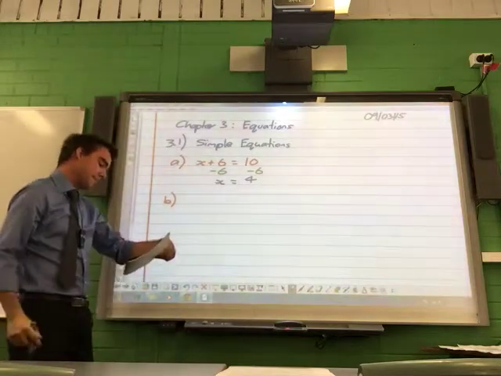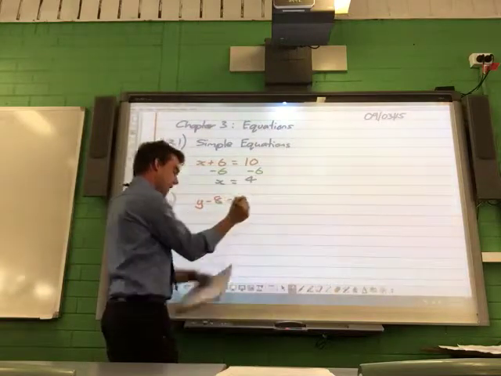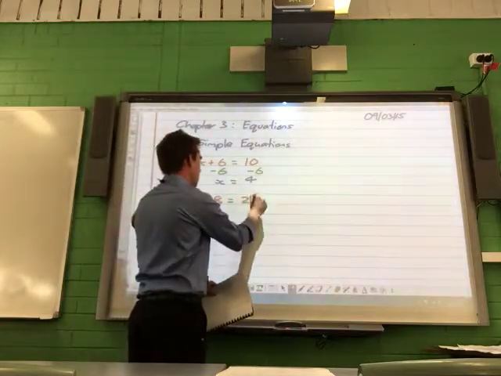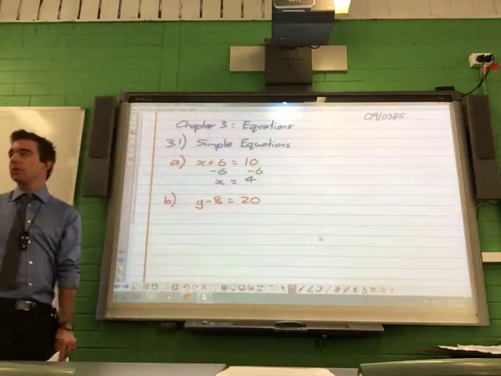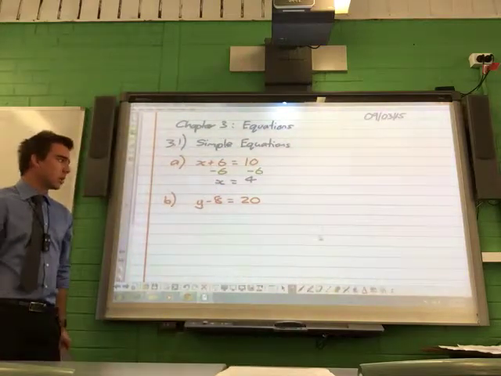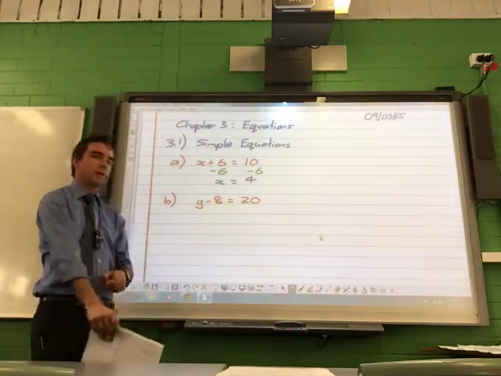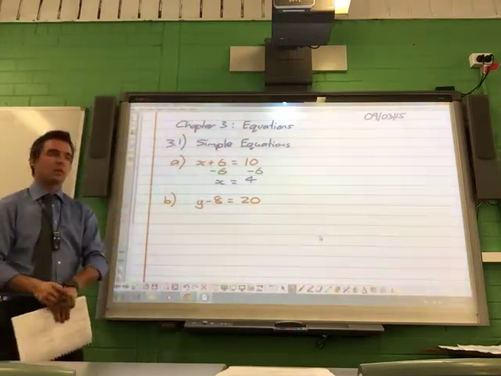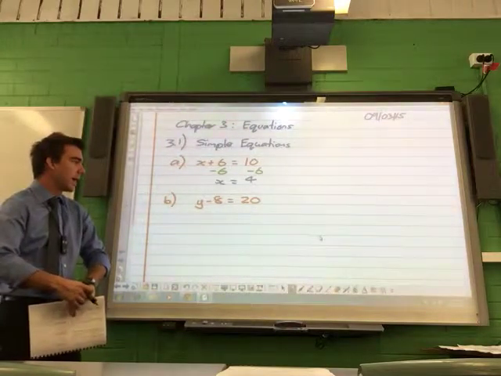Okay, B. y take away 8 is 20. So the process of solving an equation is to do all the necessary steps in reverse to get the variable by itself on one side, and you should have the solution on the other side. So y take away 8 equals 20.